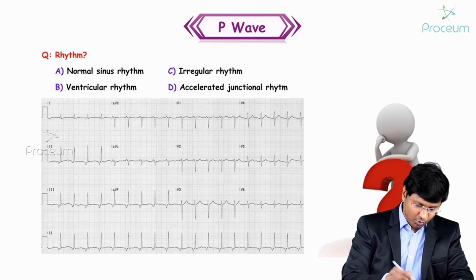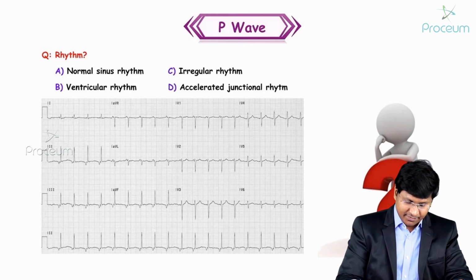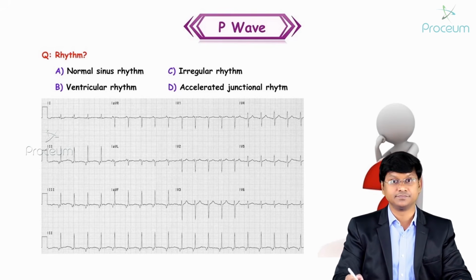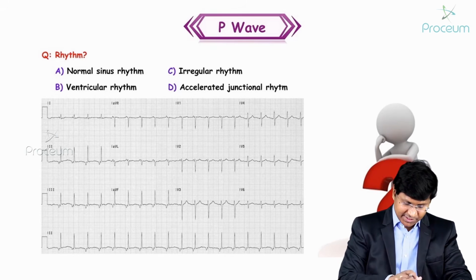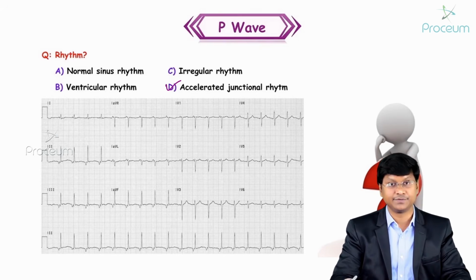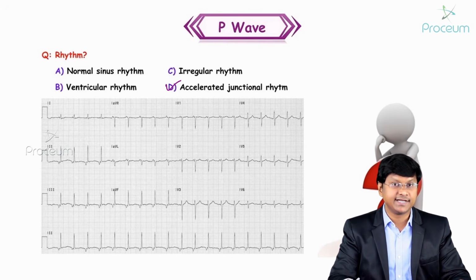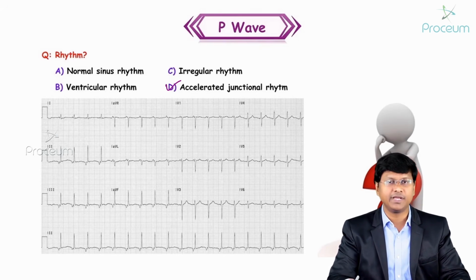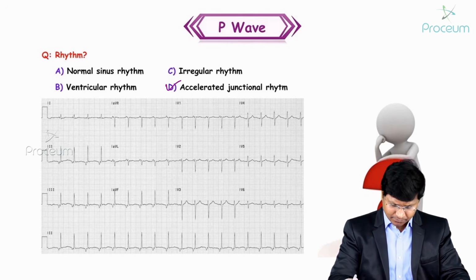What is the rhythm? Normal sinus rhythm, irregular rhythm, ventricular rhythm, accelerated junctional rhythm? You see this is the ECG, and let me just tell you the answer first and then I will explain. The answer is accelerated junctional rhythm. Now how to make out it's an accelerated junctional rhythm?